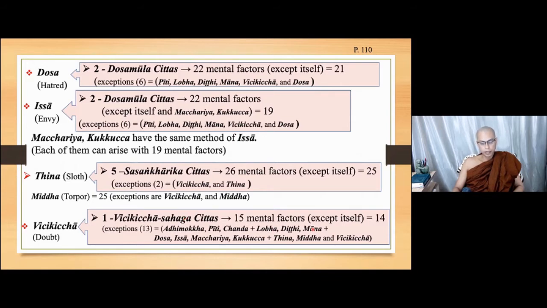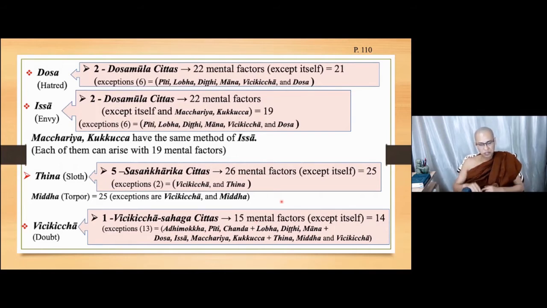Then Lobha, Ditthi, Mana, a different group. Dosa, Issa, Machariya, Kukucha, also a different group. And Thina and Middha, because it's not mentioned about the prompted or unprompted method. So Thina and Middha are also exceptions, and Vichikicha itself. So exceptions become 13. So only 14 mental factors can arise with Vichikicha.